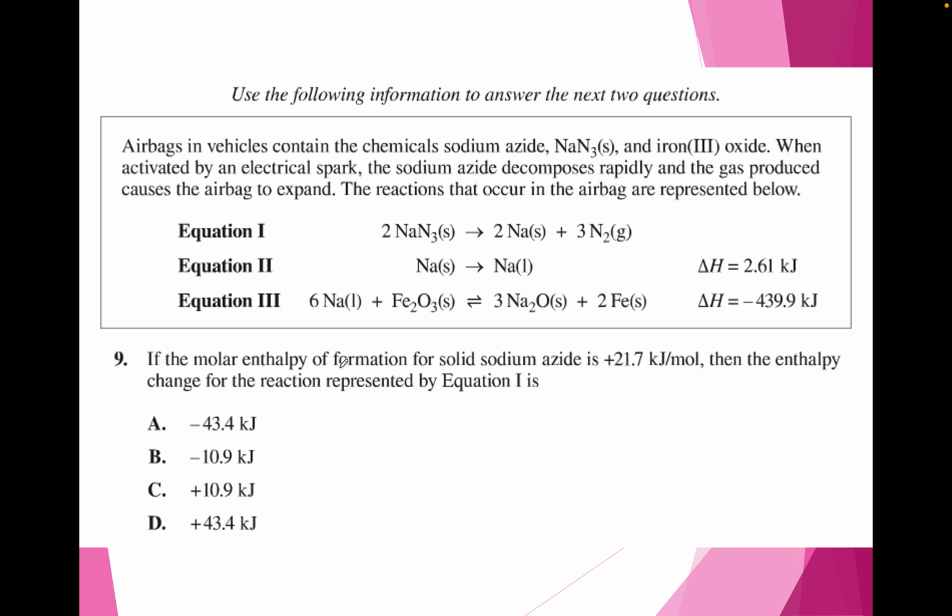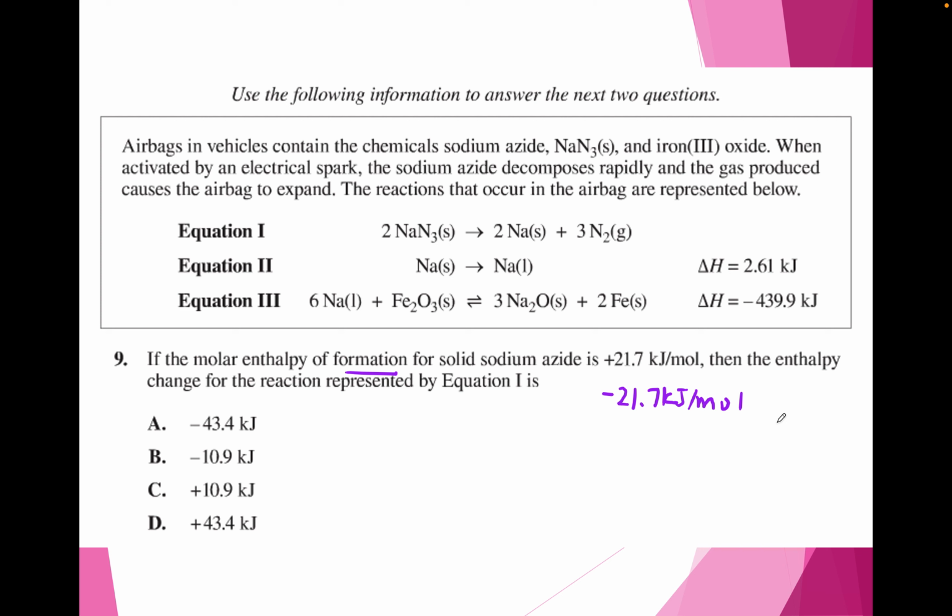Because equation 1 is not showing formation, we'd want to flip this reaction to match it, or flip this sign to represent a decomposition reaction. And that's what we're going to do since it's asking for equation 1.